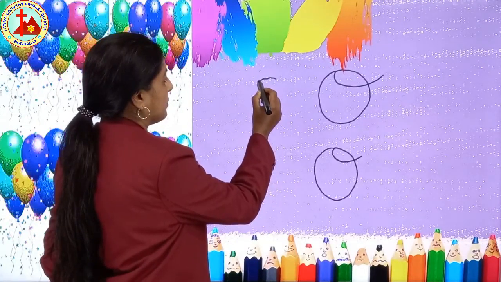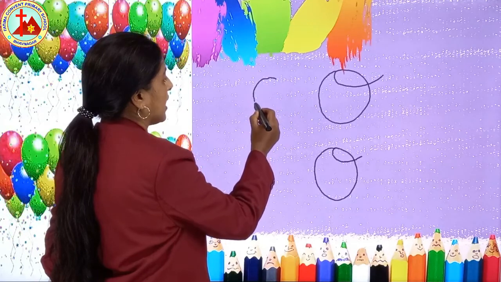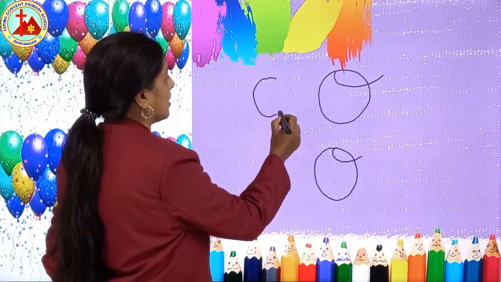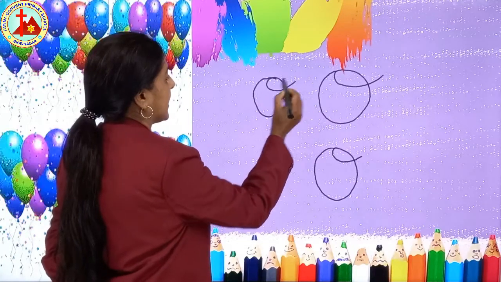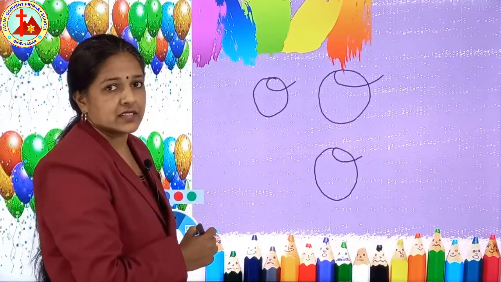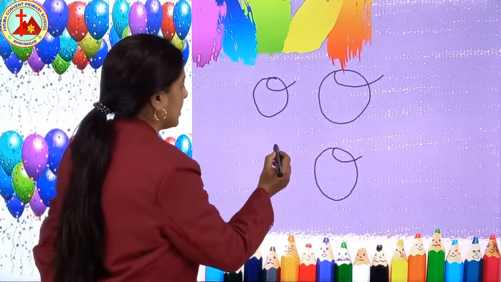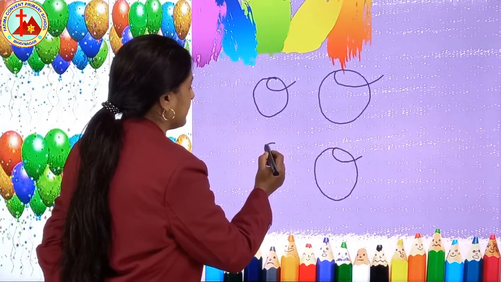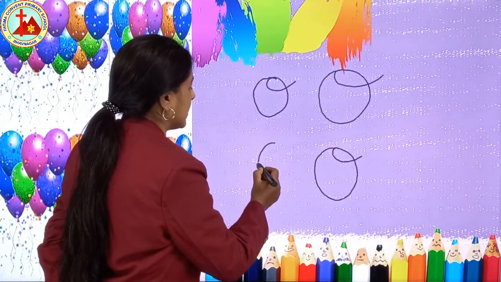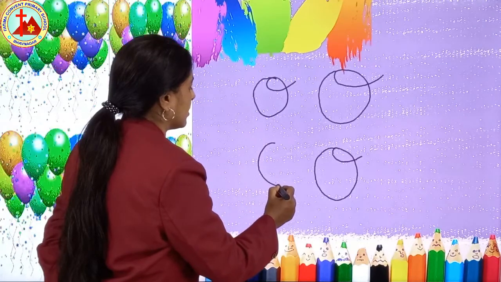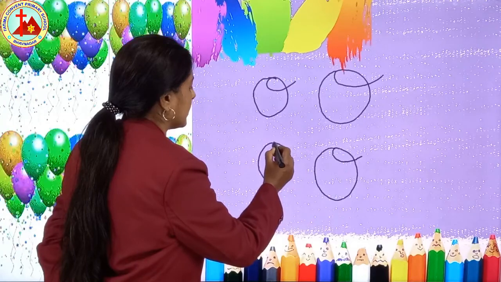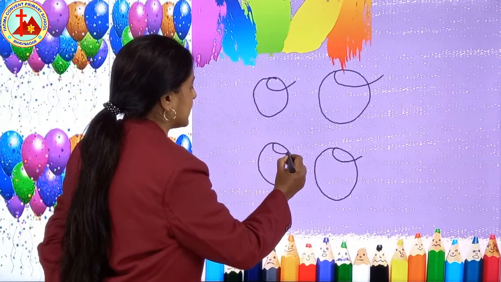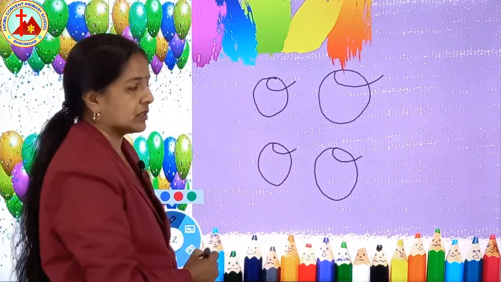Starting from up, down, up, turn inside and slide out. Cursive capital O.